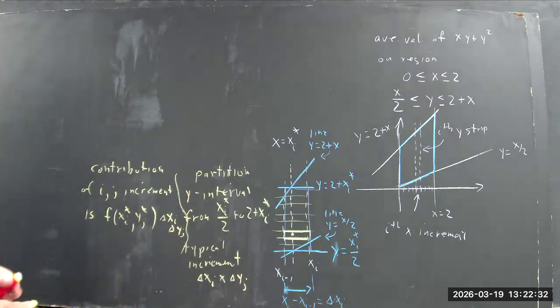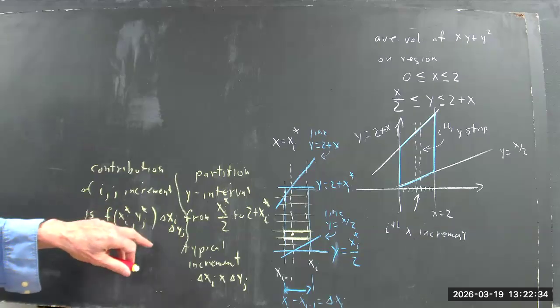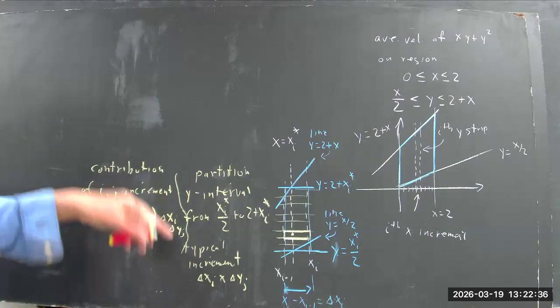Didn't leave myself enough room, but it's f of xi star, yj star, delta xi delta yj.